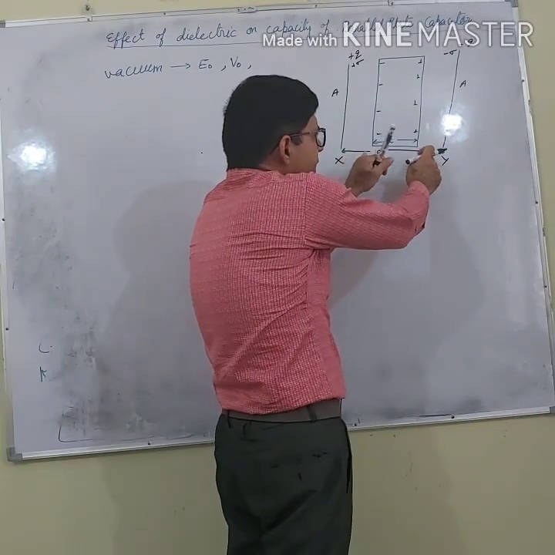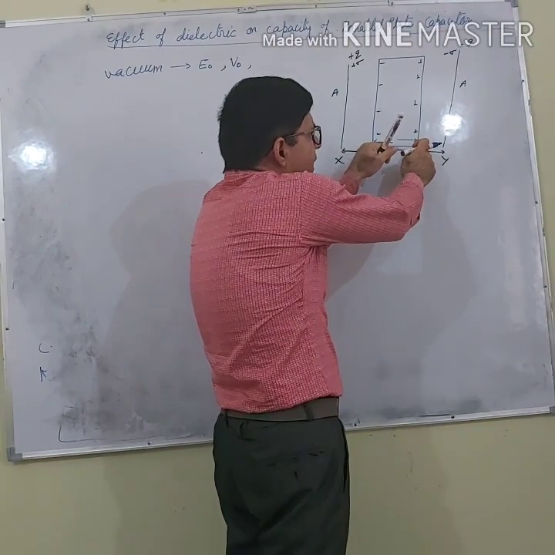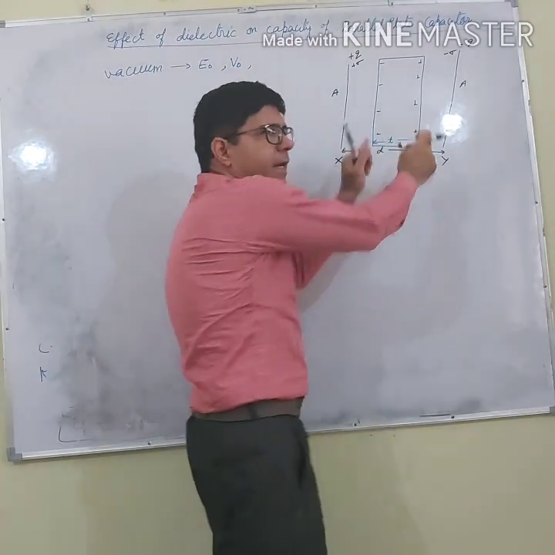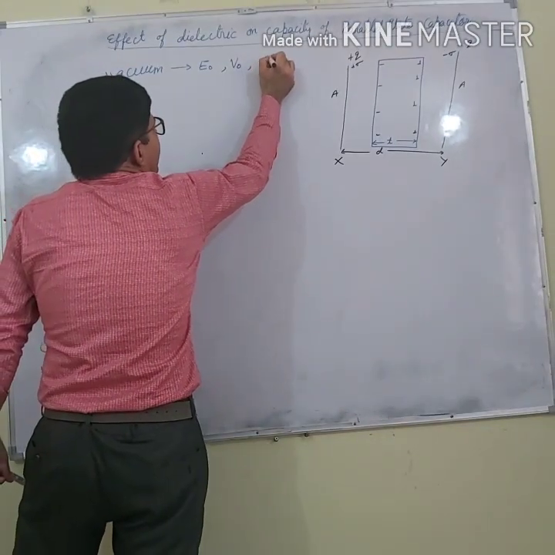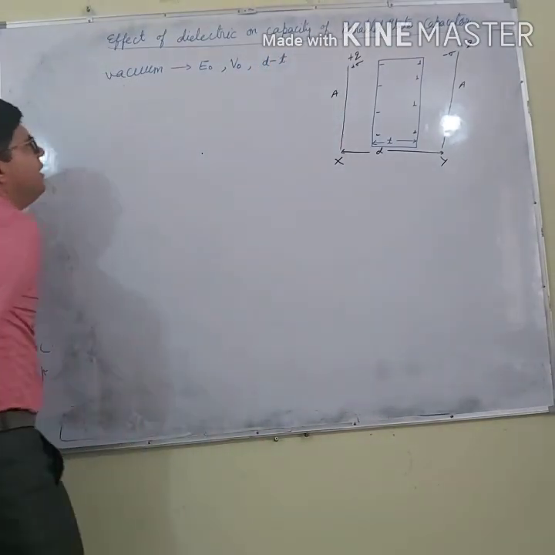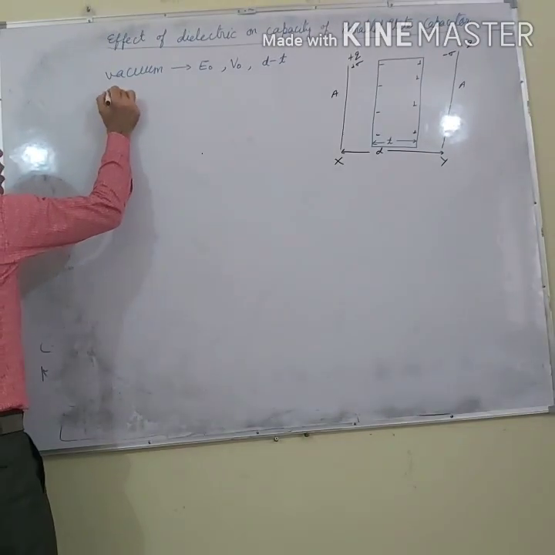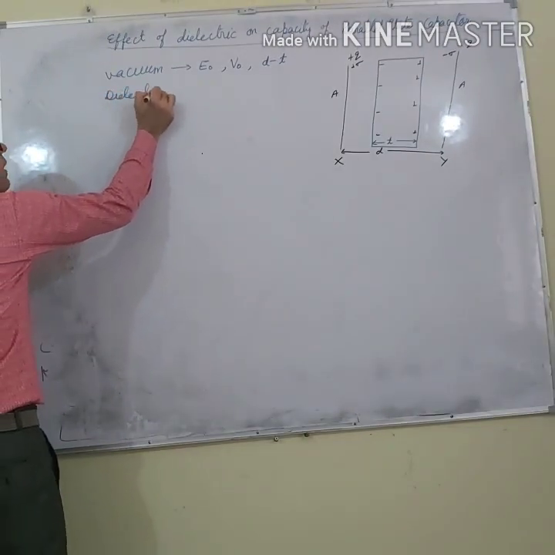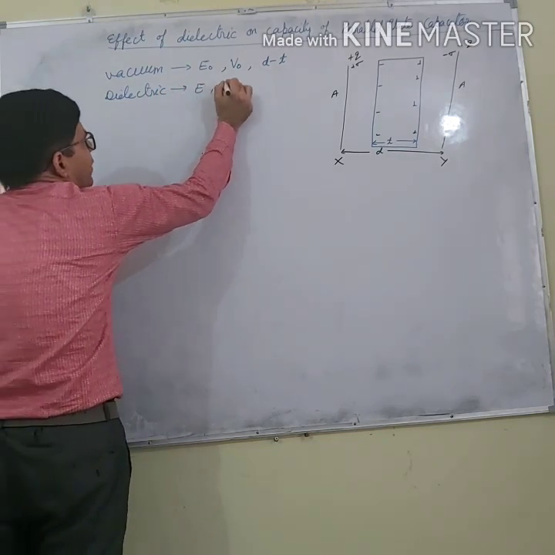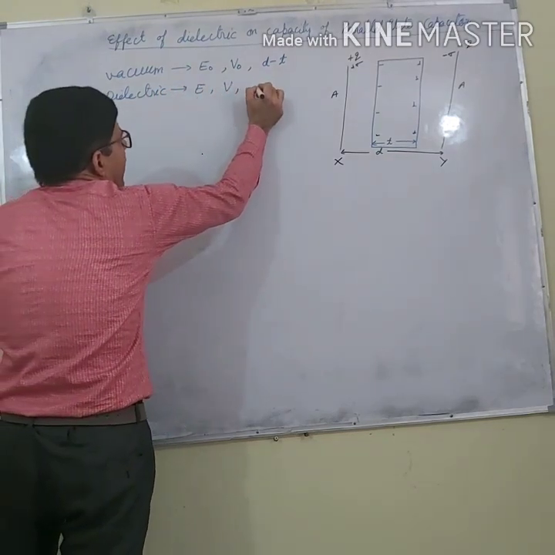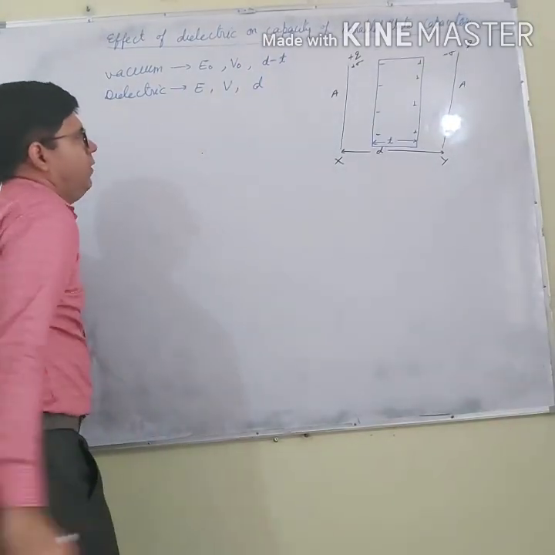Total thickness is D. Out of this, T thickness is occupied by the dielectric. So how much is left? D minus T thickness is left. And if I talk about the dielectric, let us say the electric field within the dielectric is E, the potential difference is V, and the thickness is T.